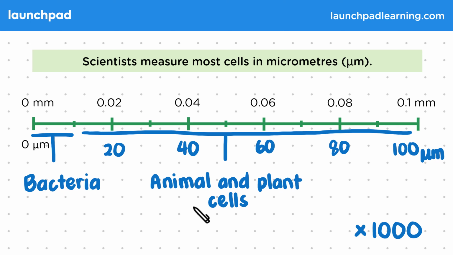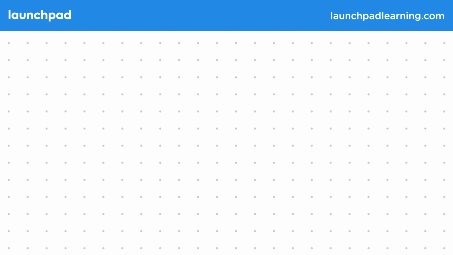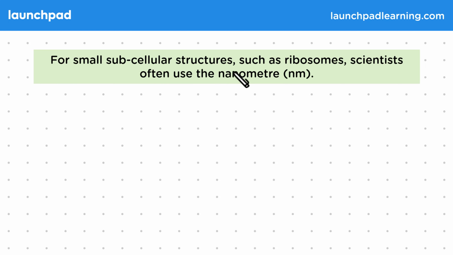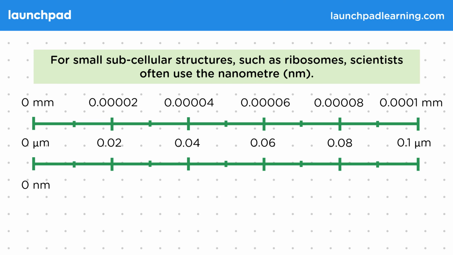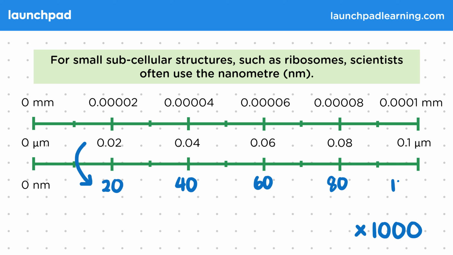So we measure whole cells in micrometers, but how do we measure smaller subcellular structures? For small subcellular structures such as ribosomes, scientists often use the nanometer. Remember, when you convert micrometers to nanometers, you also multiply by 1000. So our nanometer scale will look like this compared to micrometers and millimeters above.